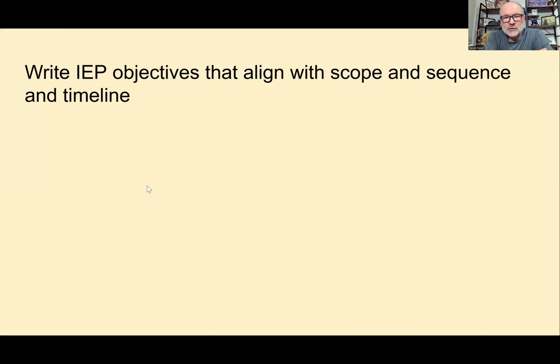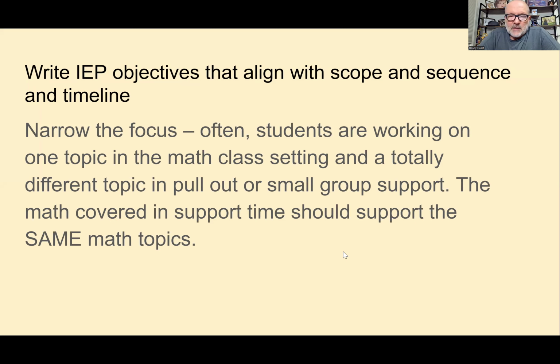And then the last element is writing IEP objectives. One of the things that I emphasize is that there should be a narrowing of the focus of the math. I find too often students who are the ones that struggle with math are given extra math to do. And that's probably the opposite of what they need.